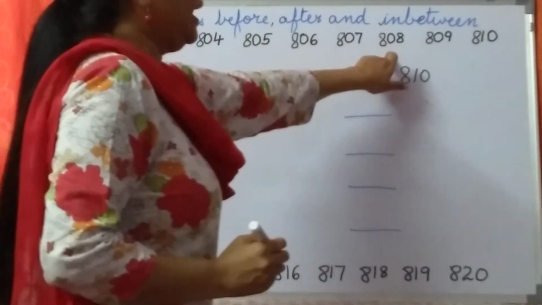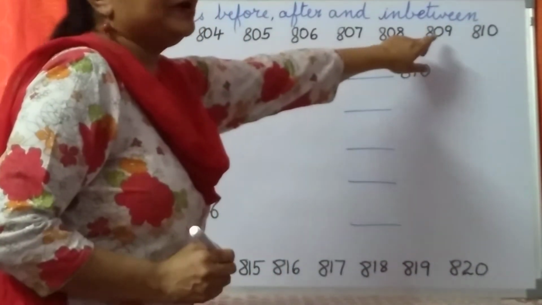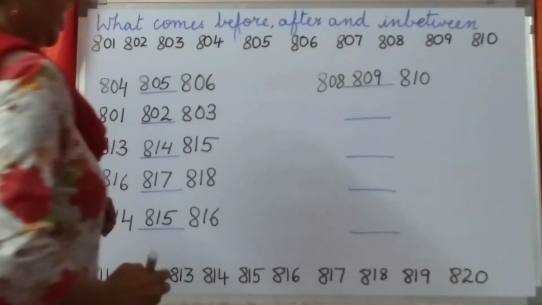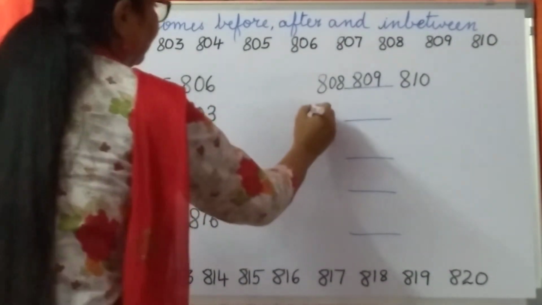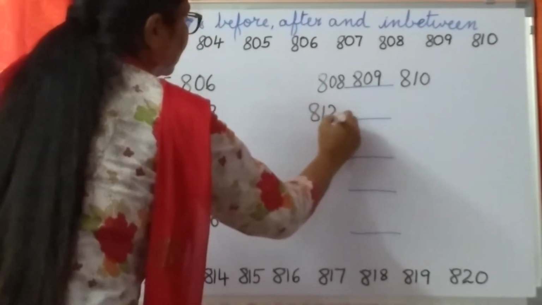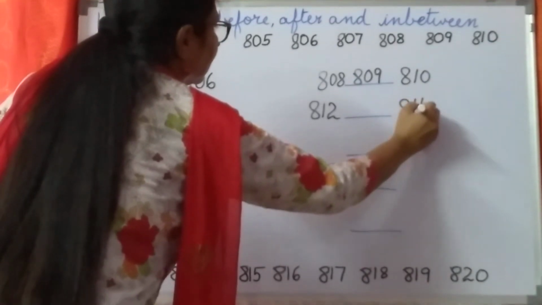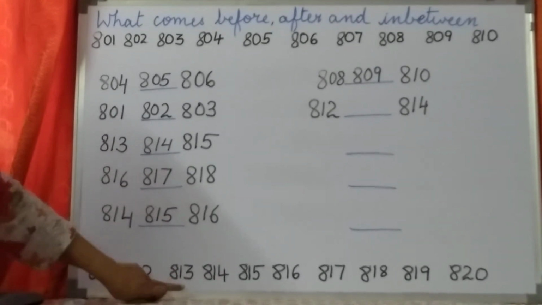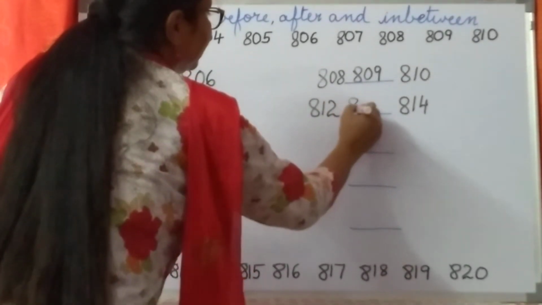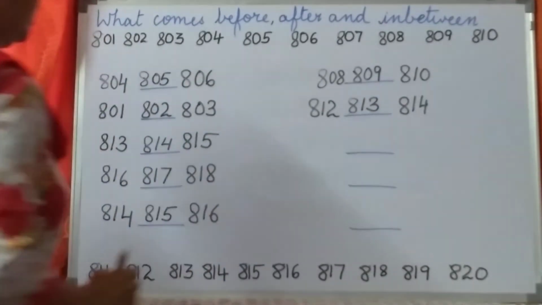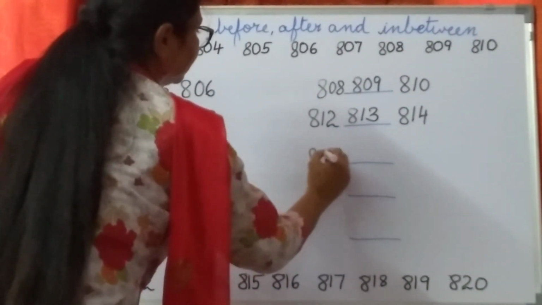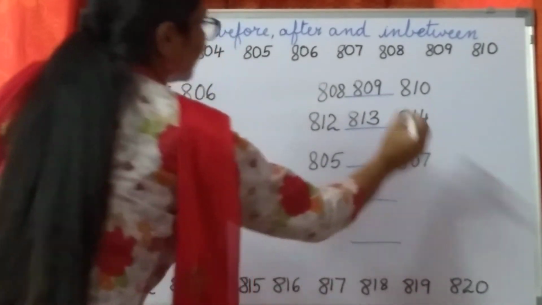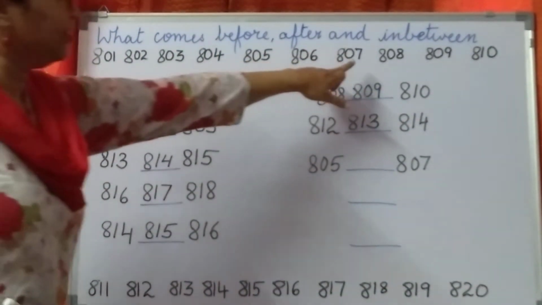Now, 808 and 810. So what is the number in between? 809. 812 and 814. So what is the number in between? 813. 805 and 807.